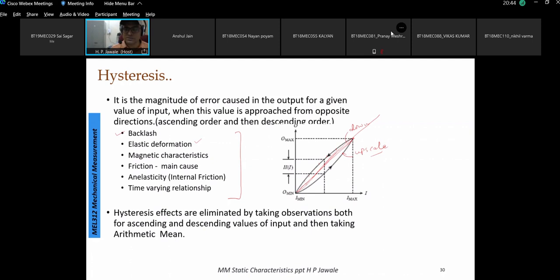What is the simple method? I take the average of this, and then I can have an ideal line passing through this, which is going to indicate the true or ideal behavior of the measurement system, right? So this is how it is done. Hysteresis effects are eliminated by taking the observations both for ascending and descending, upscale and downscale reading values for the input, and then taking the arithmetic mean, this simple way. I think this is clear to you.